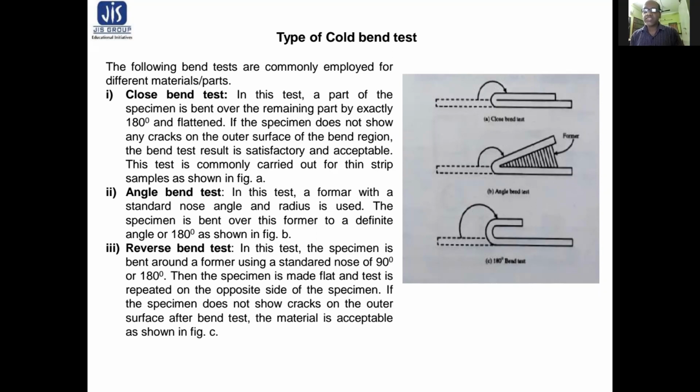In this test, the specimen is bent around a former using a standard nose of 90 degrees or 180 degrees. Then the specimen is made flat and the test is repeated on the opposite side of the specimen. If the specimen does not show cracks on the outer surface after the bend test, the material is acceptable as shown in figure C.